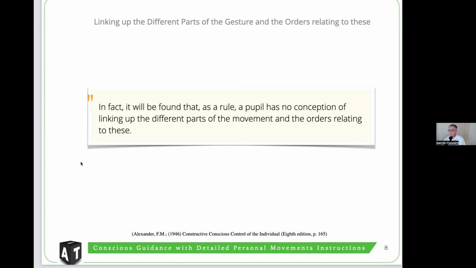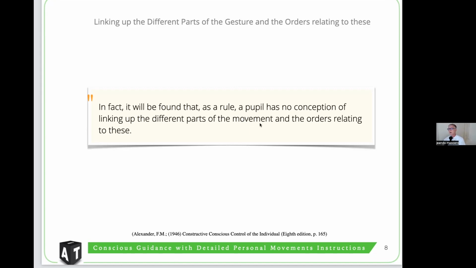It seems coming from a book of the Delsarte system, not from the modern Alexander technique, linking up the different parts of the movement. I wonder for my colleagues of the modern Alexander technique what that would mean. And orders relating to different parts of the movement?